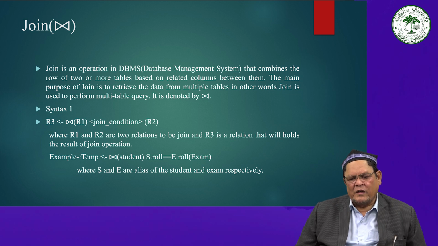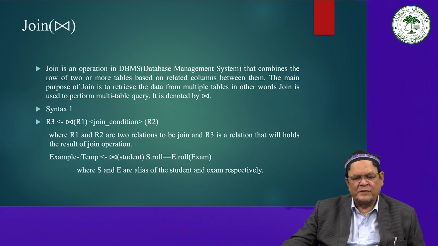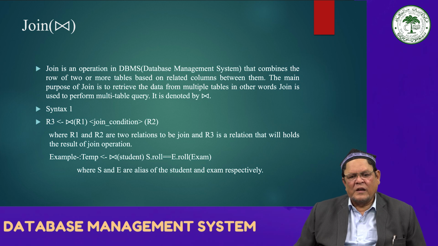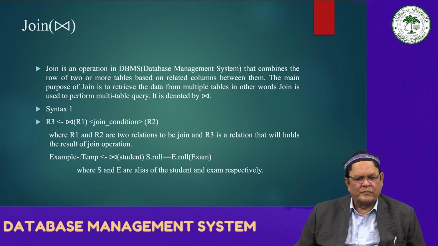Joins are fundamental in relational database systems, enabling users to perform complex queries and analysis by combining and correlating information from different tables within the database. Efficient execution of join operations is essential for optimizing query performance and ensuring scalability in database systems.